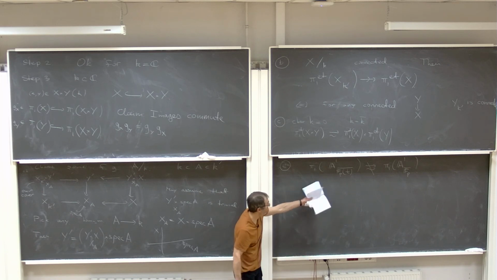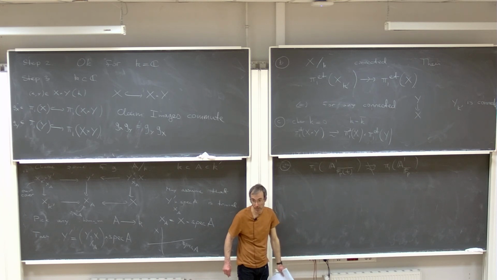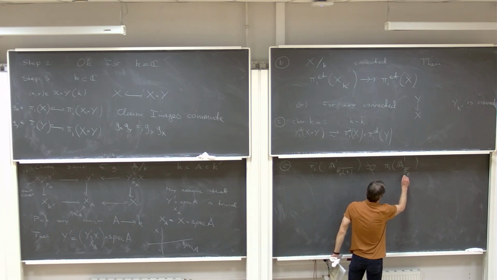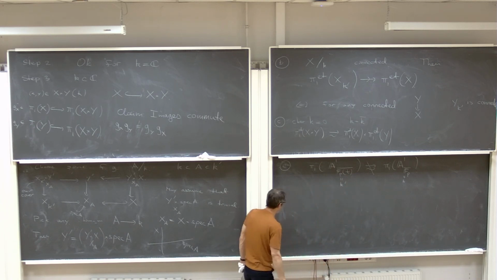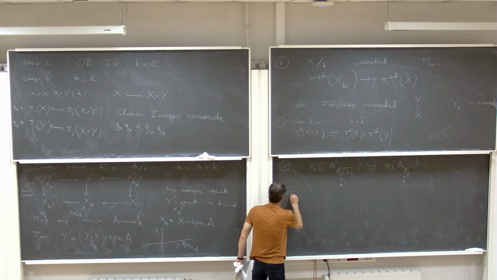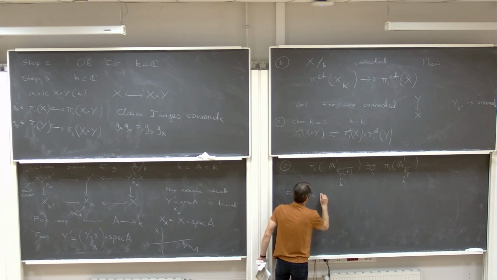So how can you produce some covers of the affine line? The simplest example of covers is what's called an Artin-Schreier cover. So this is, let's say, K, this is K prime. I fix some c in K prime.